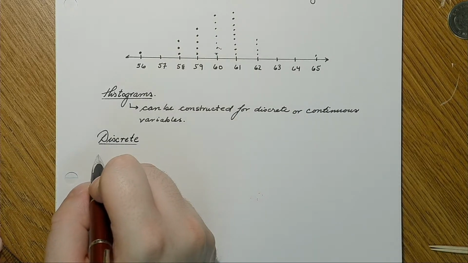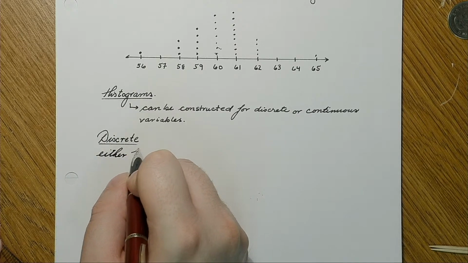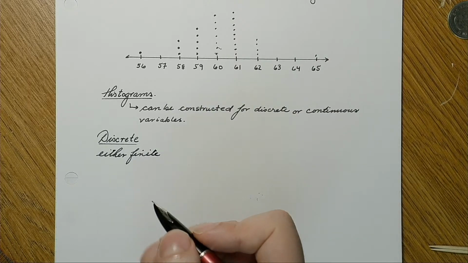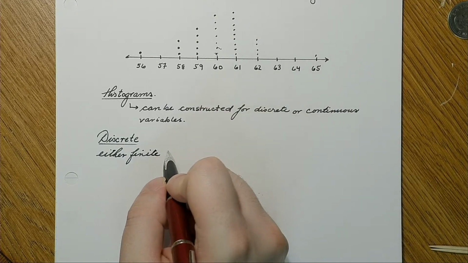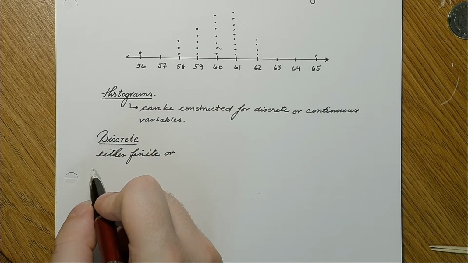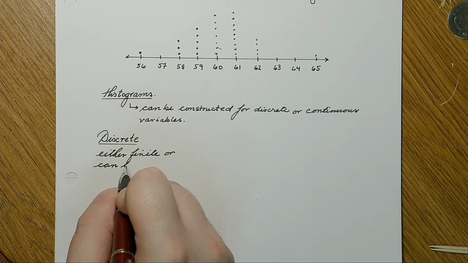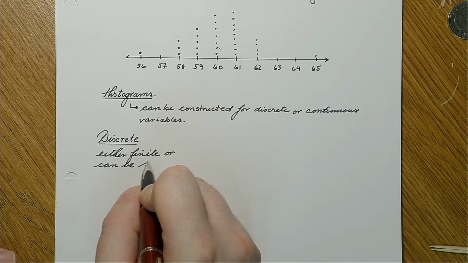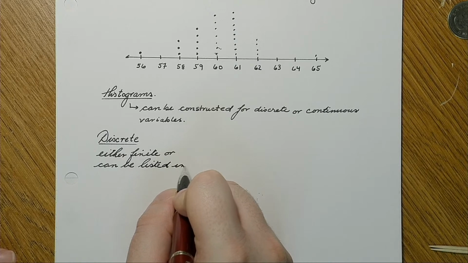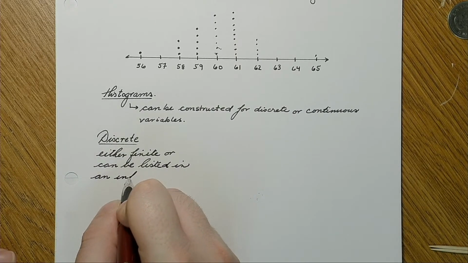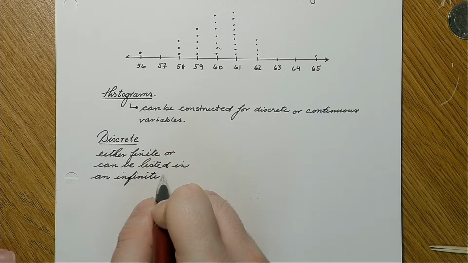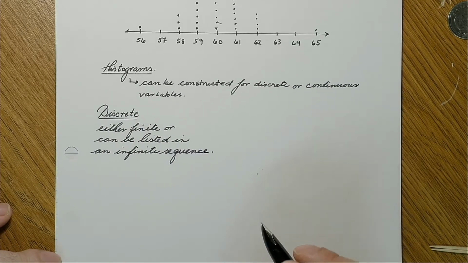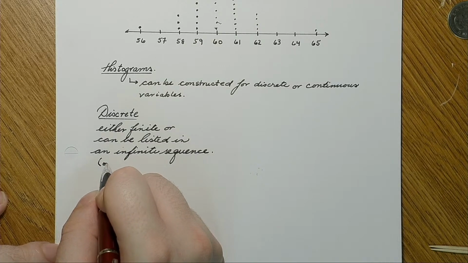So it means that it's either finite, meaning that there's a specific number of them that's less than infinity, or can be ordered or listed in an infinite sequence. By that I mean it's one number after another.